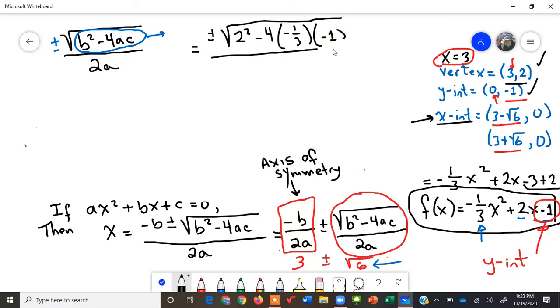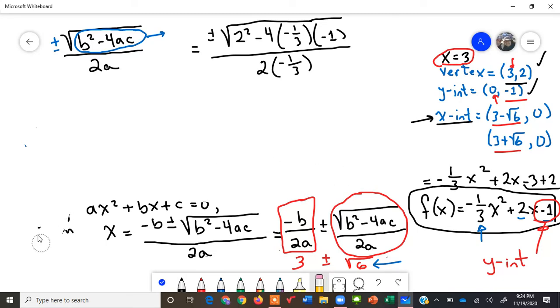So that's the radical part, or the radicand. And then in the denominator we have 2a, which is 2 times negative 1/3. It's a little messy with all those fractions, but not that big a deal. Let's go ahead and solve this.